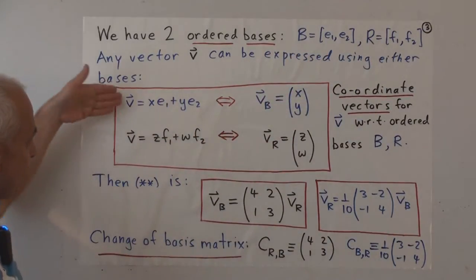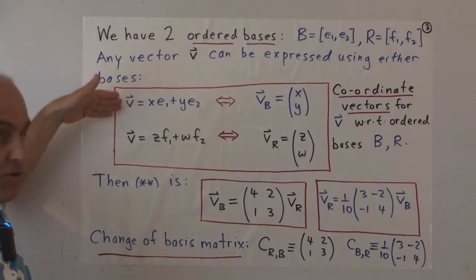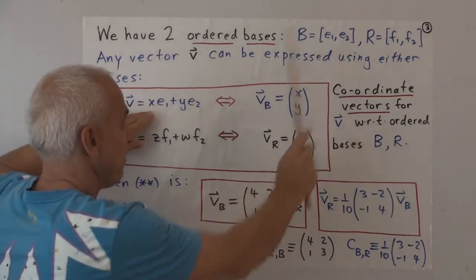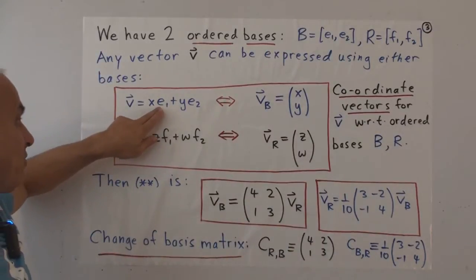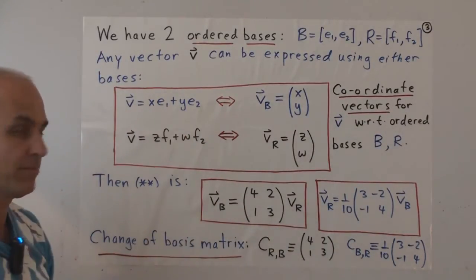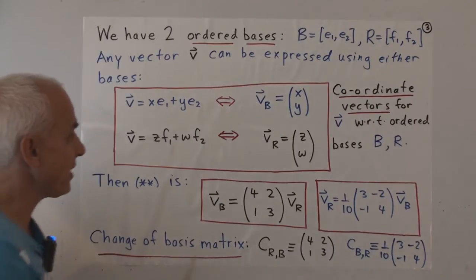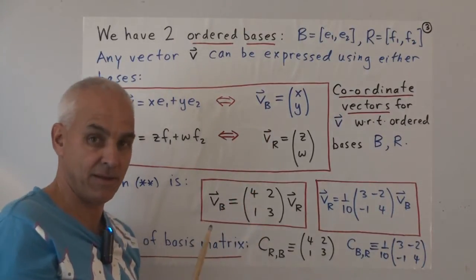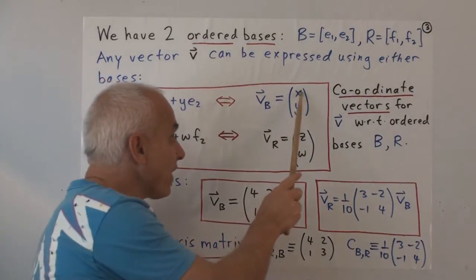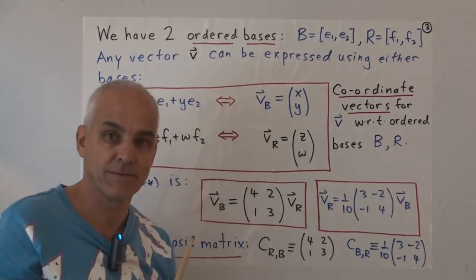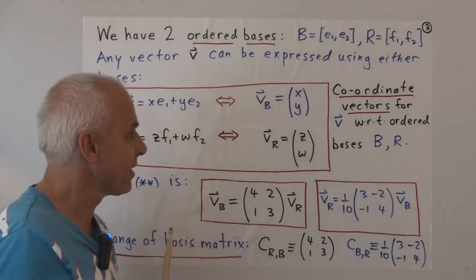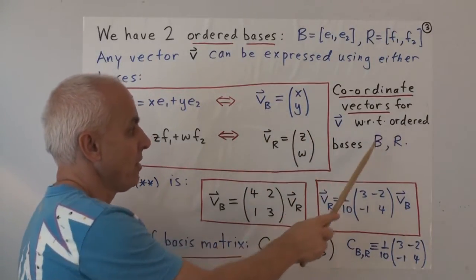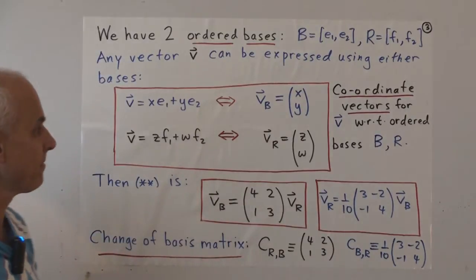And now we can introduce the following notation. Suppose we have an arbitrary vector v. We can express it in terms of the vectors in the basis b, say x e1 plus y e2. In that case, we'll say that the coordinate vector for v with respect to b is the vector with coordinates x and y. That's the coordinate vector for v with respect to the ordered basis b.